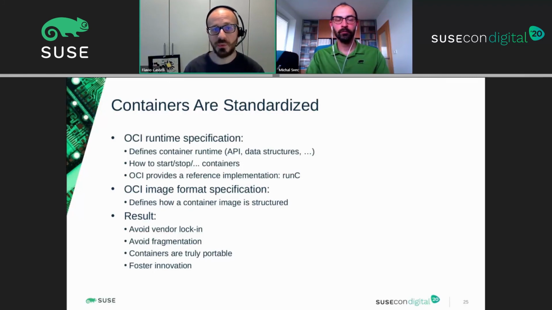Thanks to these two specifications, it's possible to have different ways to create and manage containers. This makes innovation possible, avoids vendor lock-in, and avoids fragmentation of the whole ecosystem. This is what keeps everything tied together, but at the same time allows new projects to come up and take different approaches to solve certain problems.